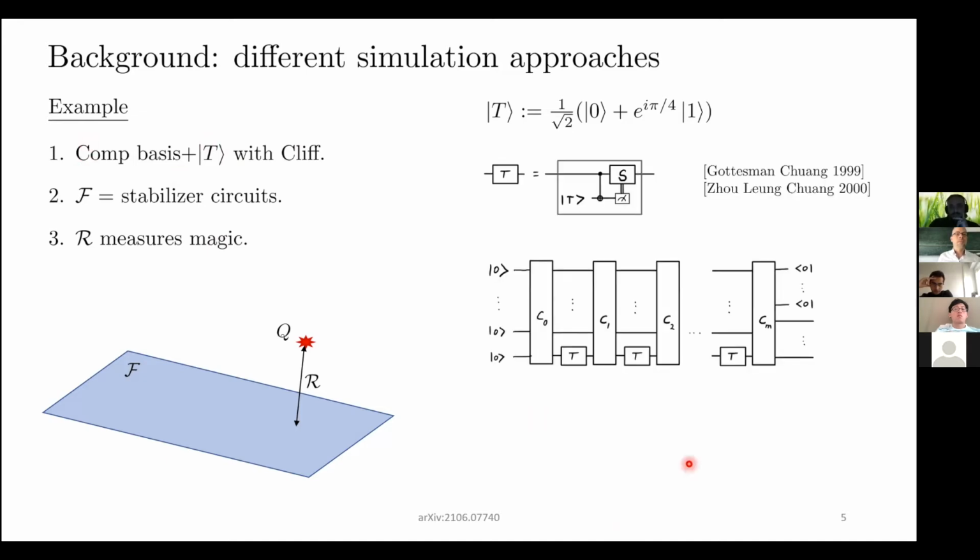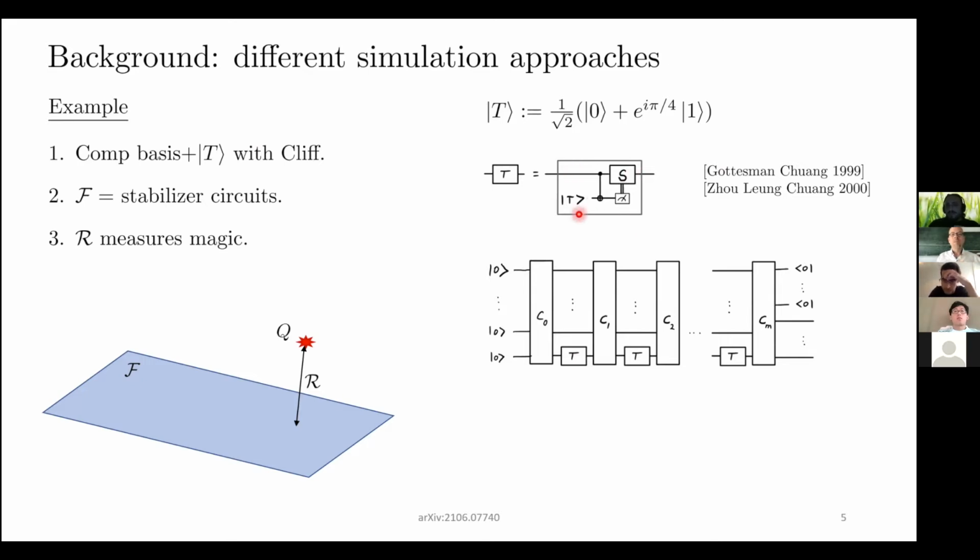Okay, so this little bit here is just to convince you that this is in fact a universal model. So if you haven't seen this T gadget, this is where I'm going to describe this. So the Clifford circuits combined with T gates are universal for quantum computation. And there's this thing called the T gadget, courtesy of these papers, that will basically allow you to replace a T gate by this gadget.